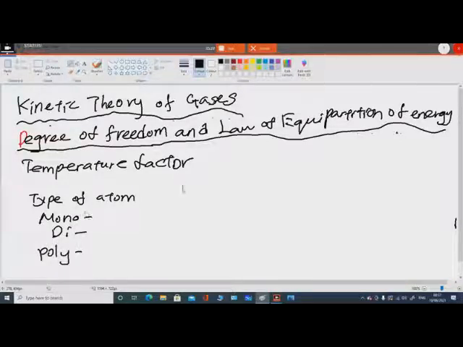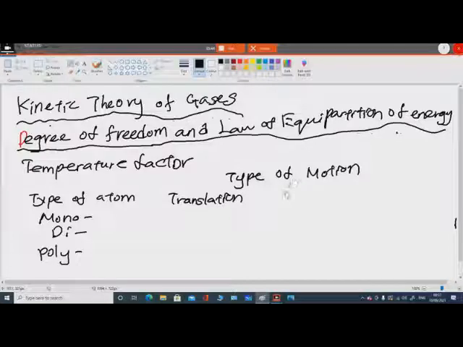So let's say I have a type of motion. Alright, so this is the translation, and rotation, and finally the vibration, which we haven't discussed.